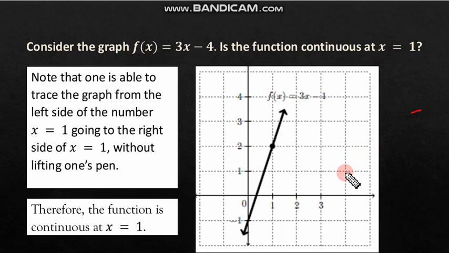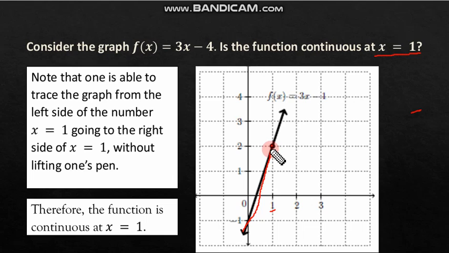Now here's the graph. The point in question here is at x equals 1. It means we are talking about this point. Now, to identify the continuity of a function at a certain point, we will trace the graph from the left side of x equals 1 going to the right side of x equals 1.